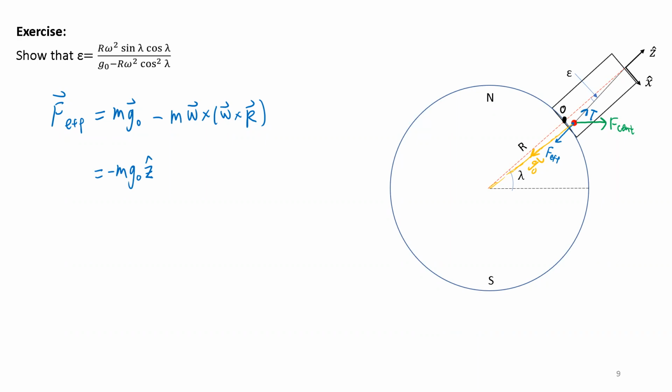Now let's deal with the second term, the m omega cross r. I want to express the omega vector using my coordinate system. How do I do that? Well, what is omega?